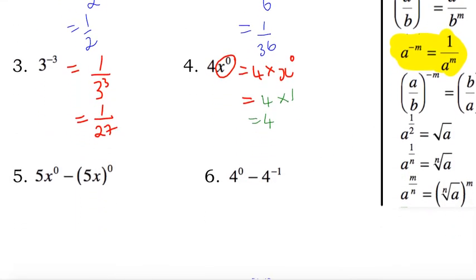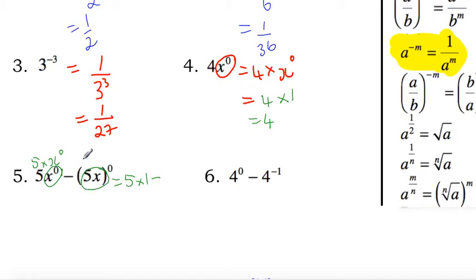Let's look at an alternative question here. So again, be careful. Only the x is to the power of 0. Remember, that's the same as 5 times x to the power of 0. Anything to the power of 0 is 1, so we would have 5 times 1 minus. Now, this is where it changes. 5x is in brackets, so the whole thing is to the power of 0.